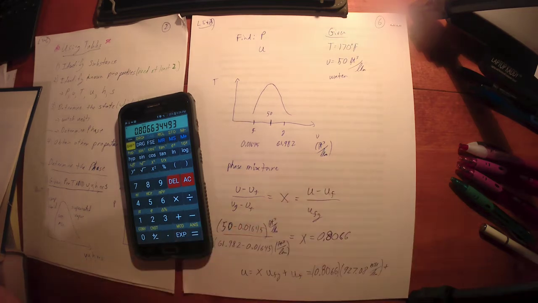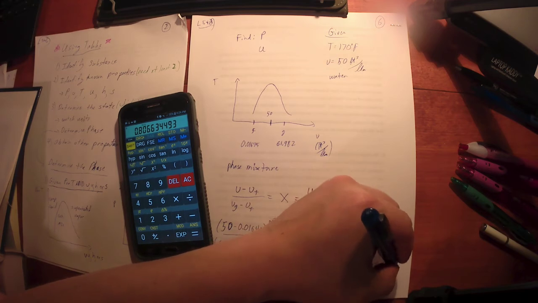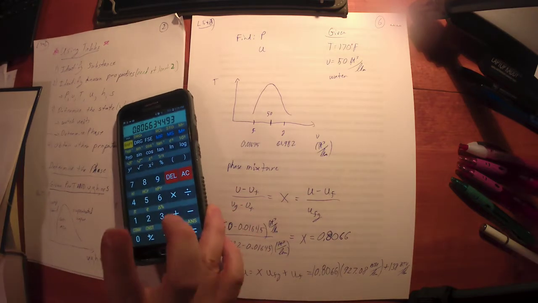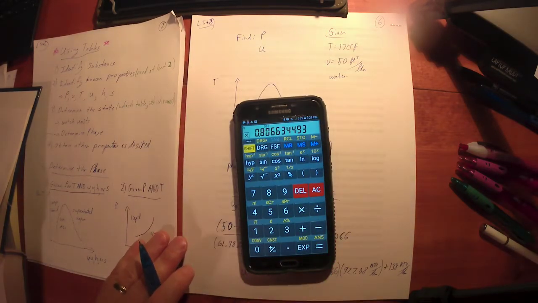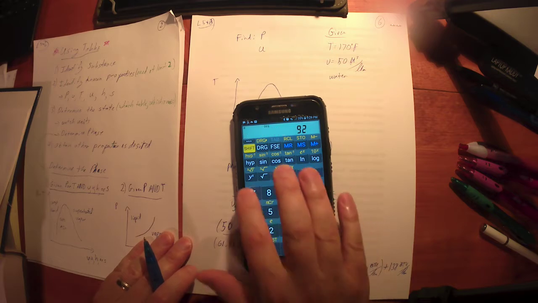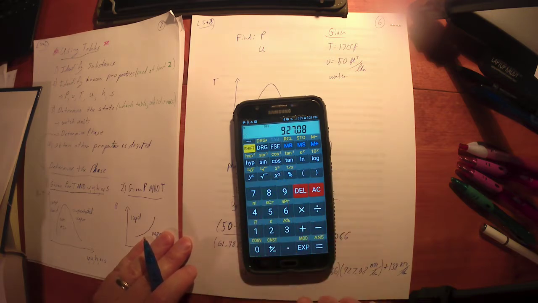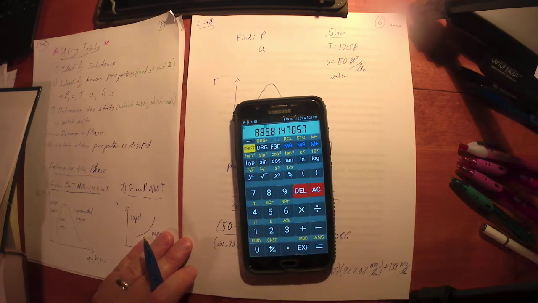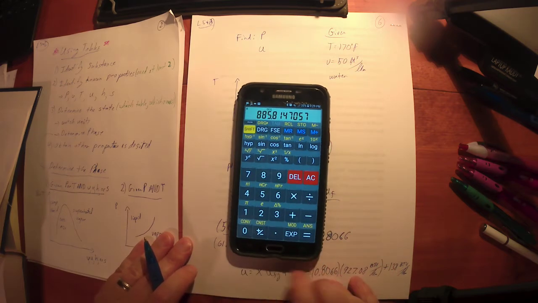And add to that the UF value, that is 138 even BTUs per pound mass. So I multiply by this UFG value, 927.08, add the 138 for U sub F, and I'm getting about 886, give or take.